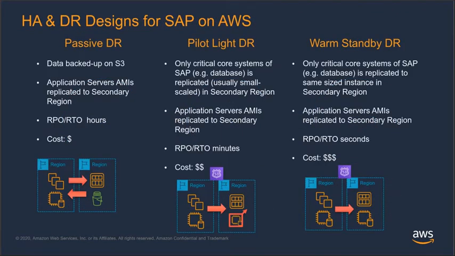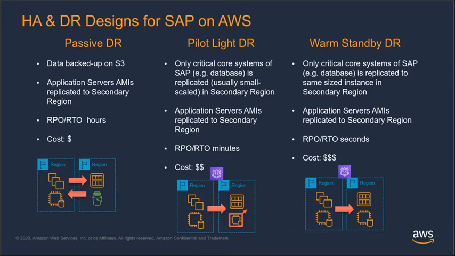Let's look at some of the HA and DR design patterns that are available on AWS for SAP. Firstly, passive DR, which is a more cost-effective means of recovering an instance in the event of an outage or an issue. This is where we have data backed up to a secondary region.